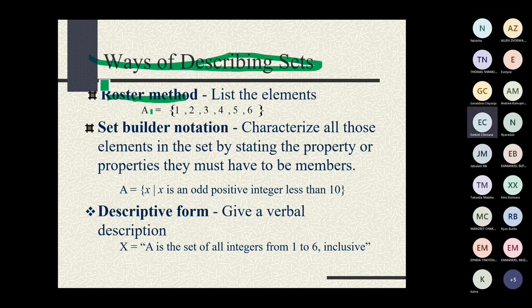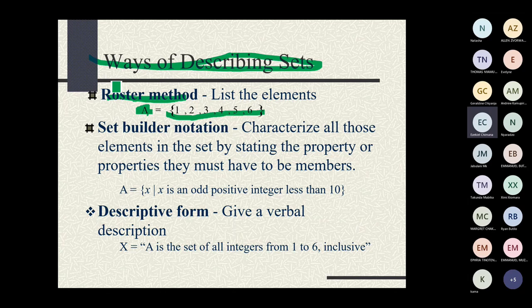Here you have A, representing the set so that you can identify it, and then a list of elements inside the curly brackets, separated by commas. You use a comma to separate them, not a semicolon.